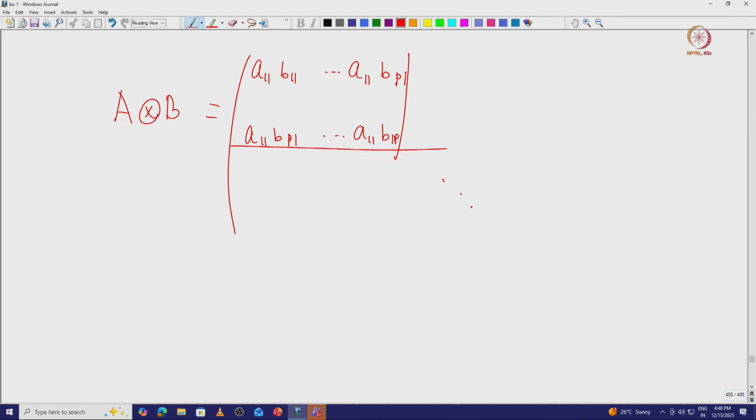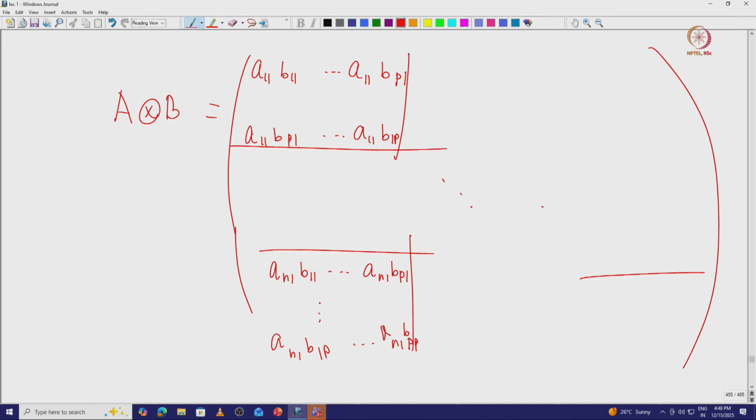Likewise, here you have AN1 B11 etcetera, AN1 BP1, AN1 B1P, AN1 BPP and so on.